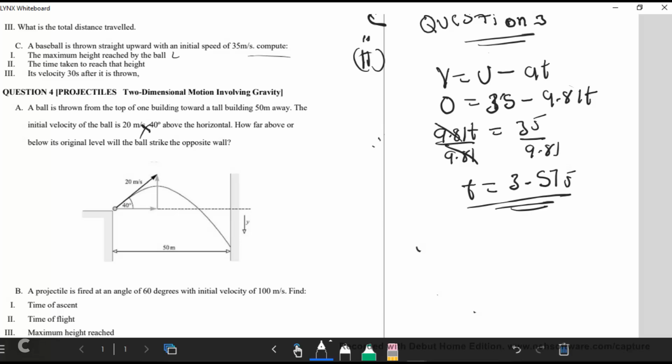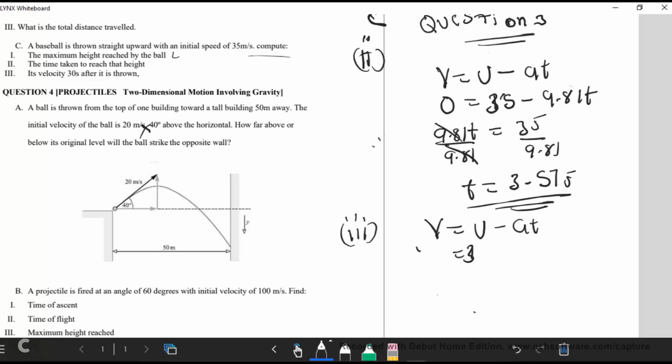How about its velocity after it is thrown, which is 30 seconds? Just use the same formula: v is equal to u plus at.